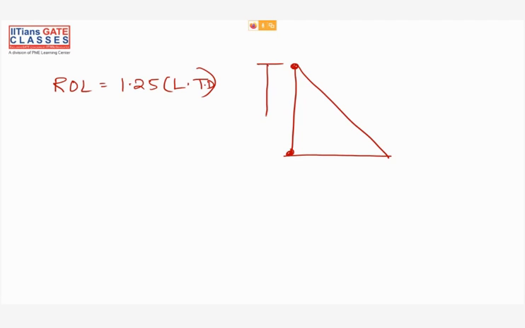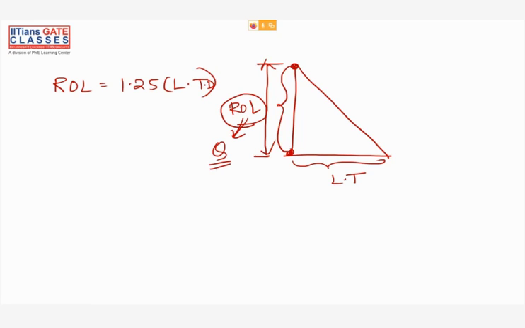Of course this is your ROL, and of course this is your lead time, and your lead time demand is also this only, because ROL means reorder level. It means this is the demand that will be served in lead time.